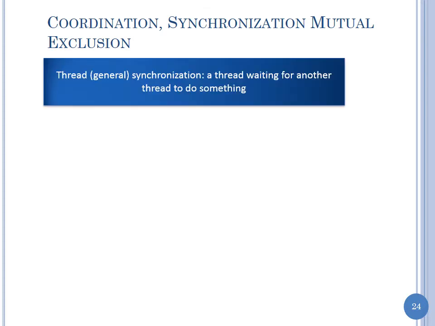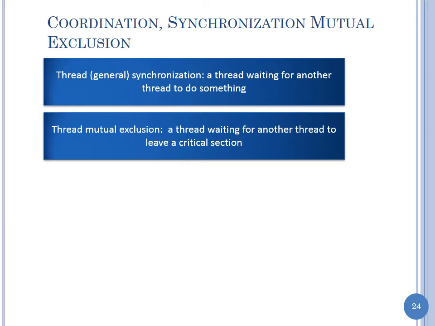There are these related terms: coordination, synchronization, mutual exclusion, and there are different interpretations of this. So I'm just going to give you one set of interpretations, and hopefully I'll be consistent. We'll say threads are synchronized in general if a thread waits for another thread to do something. And you can wait for another thread because you want mutual exclusion.